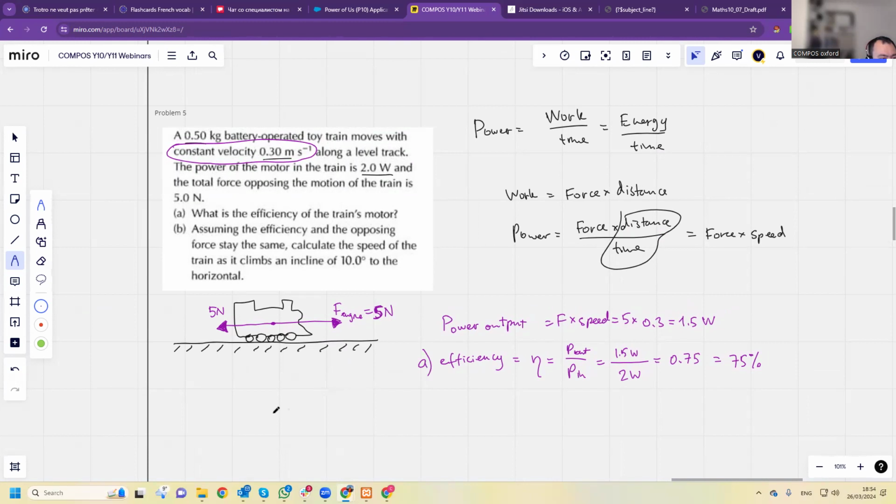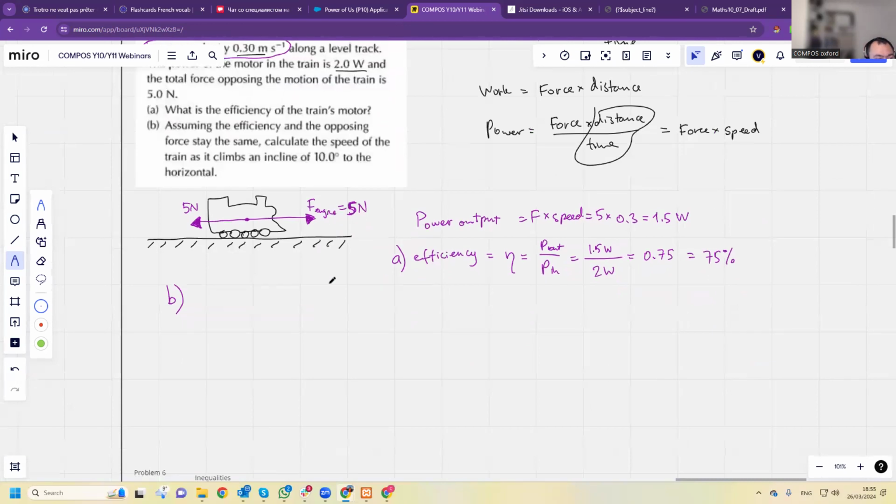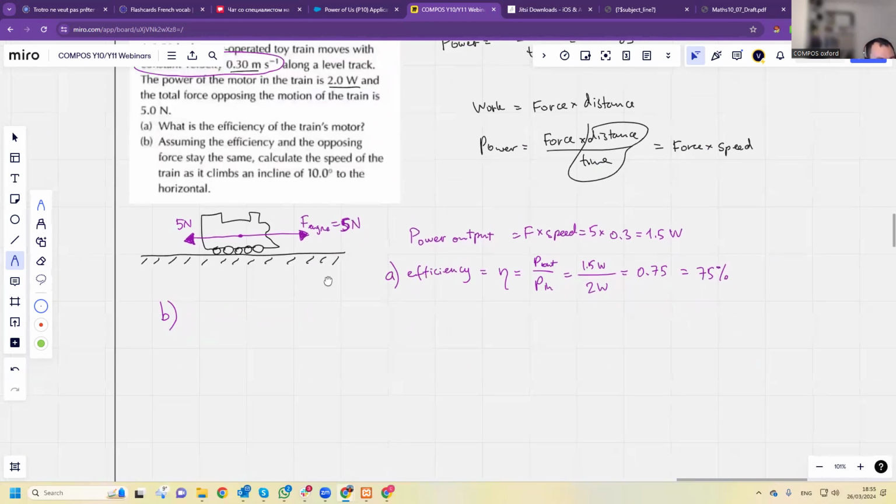So A, efficiency. B, assuming the efficiency and the opposing force stay the same, calculate the speed of the train as it climbs an incline of 10 degrees to the horizontal. Okay. So now we have an interesting situation.